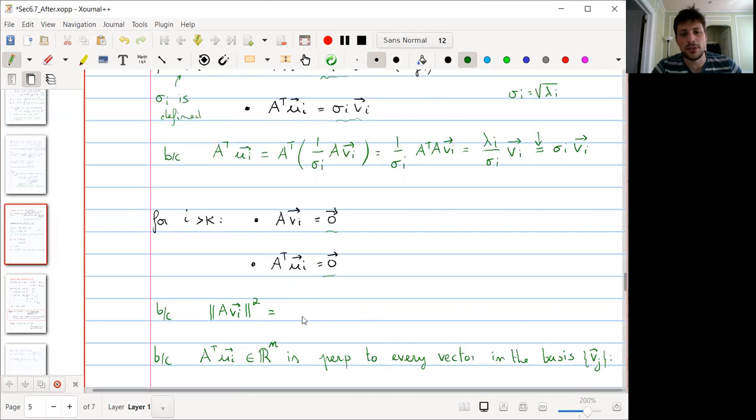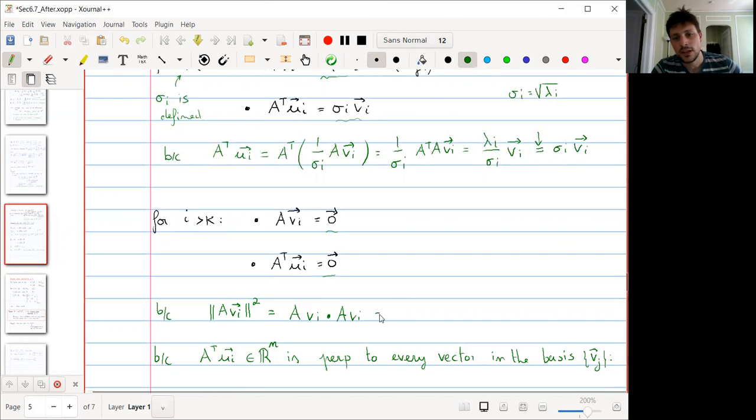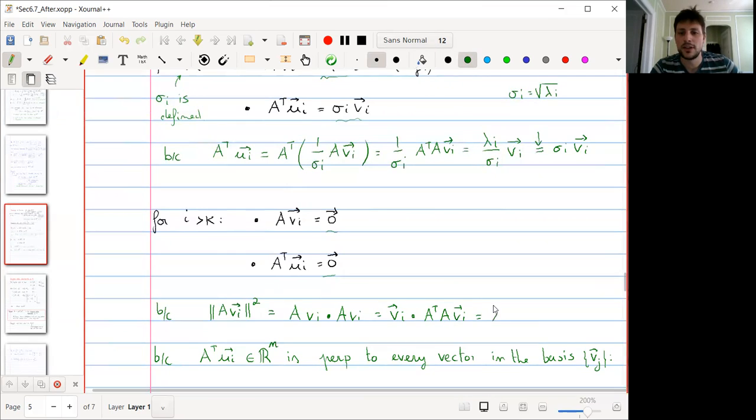I'll look at its norm instead, and the norm squared of A Vi is A Vi dot A Vi. Well, this is the same as Vi dot A transpose A Vi, but remember that Vi is an eigenvector of A transpose A. So we have that this is lambda i Vi dot Vi.